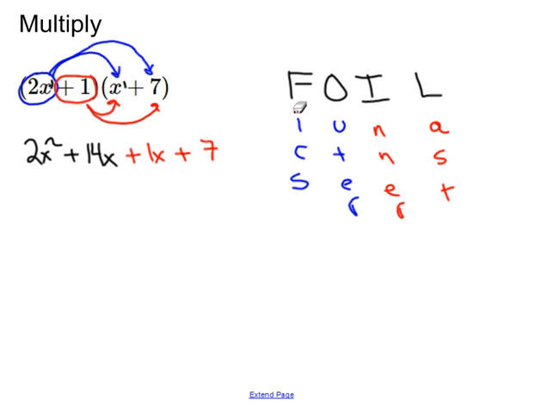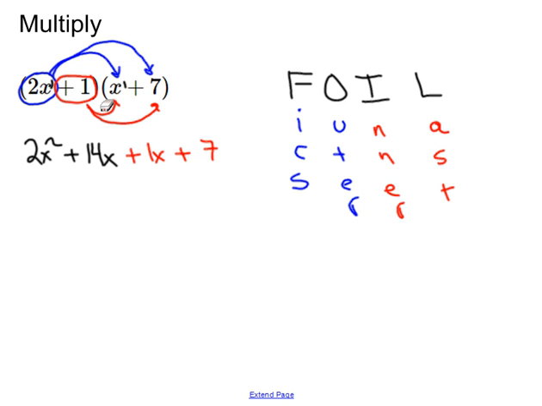So it stands for first, outer, inner, last. And really, all you're just doing is the distributive property to multiply these binomials.